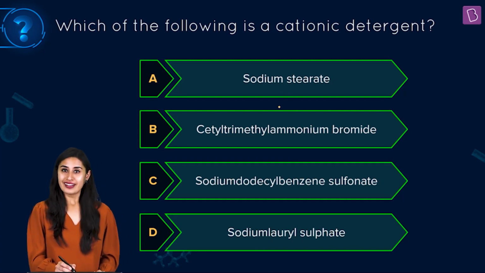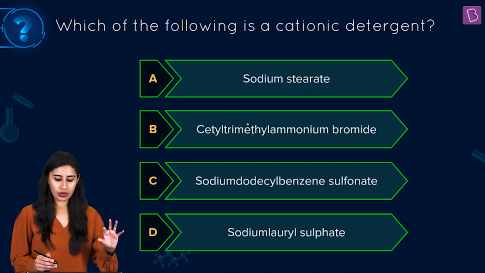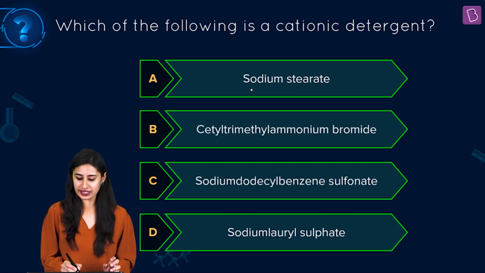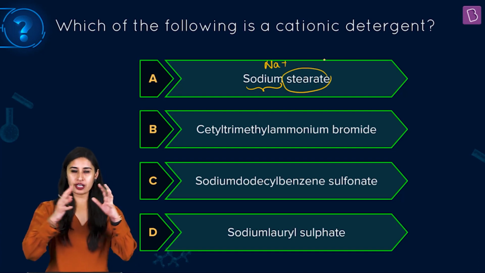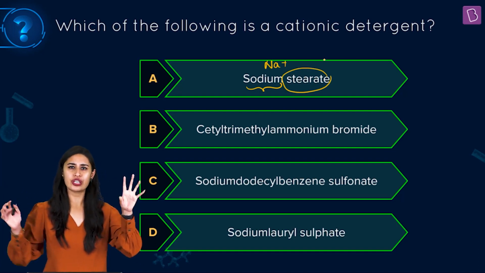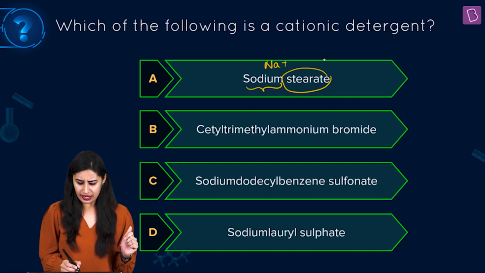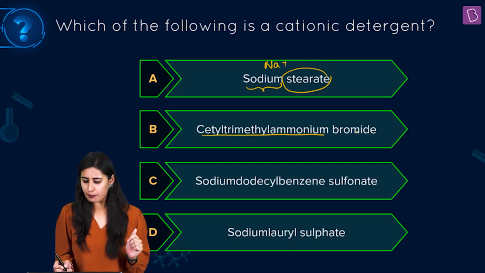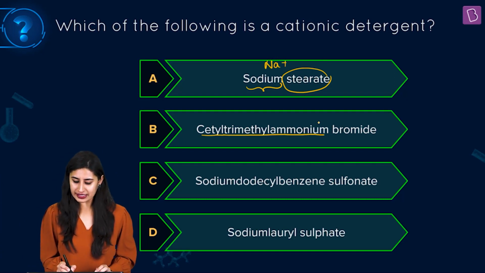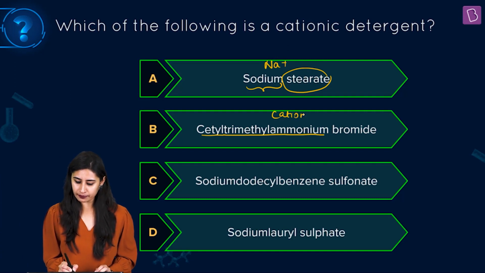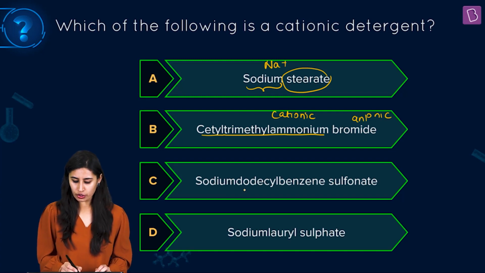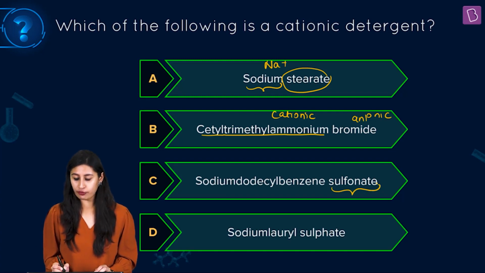Well, when you hear the term sodium stearate, you understand that the cationic part is sodium and the anionic part is going to be a huge hydrocarbon chain with some ion, right? Cetyl trimethyl ammonium. So here you realize that this is the cationic part, right? And this is the anionic part. Sodium dodecyl benzene sulfonate.